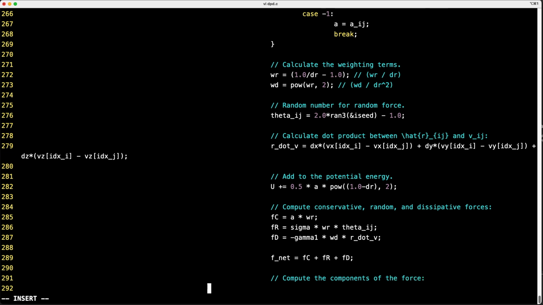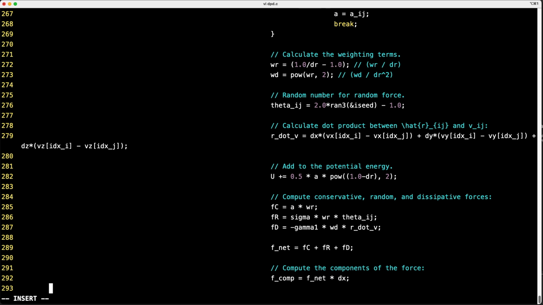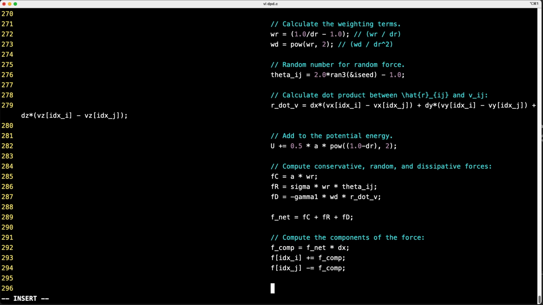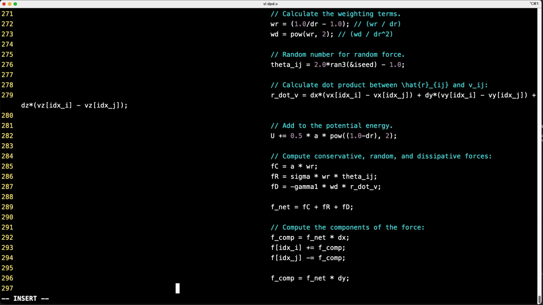So we do this just like we did with the harmonic force, right? The component in the x direction will be f net times dx. And then we can say f of I dx I plus equals that one. And then Newton's third law tells us that this should be minus that. You can look in the y direction. What am I doing here? This isn't f, this should be fx, right?